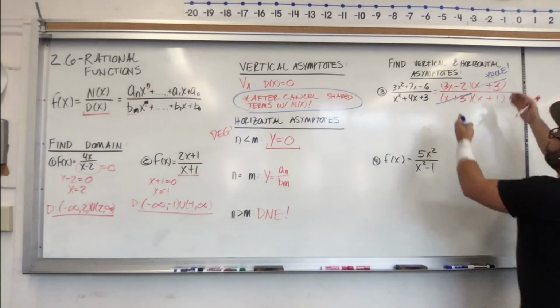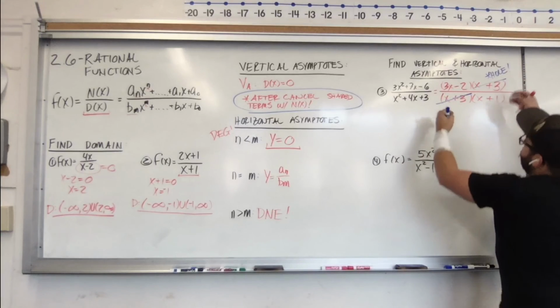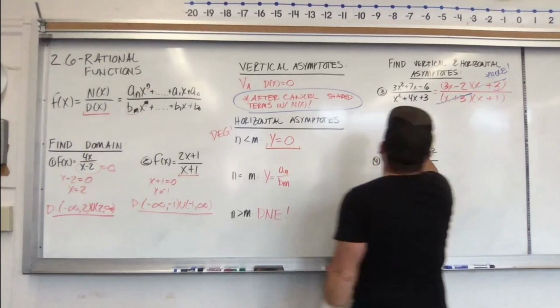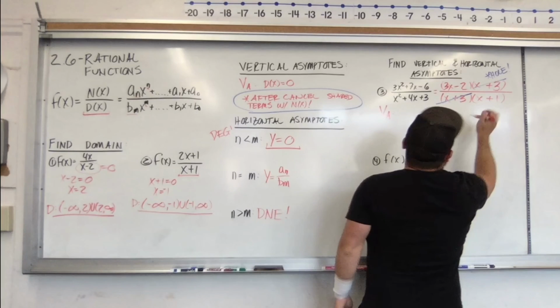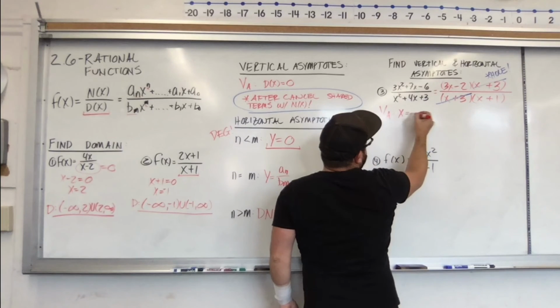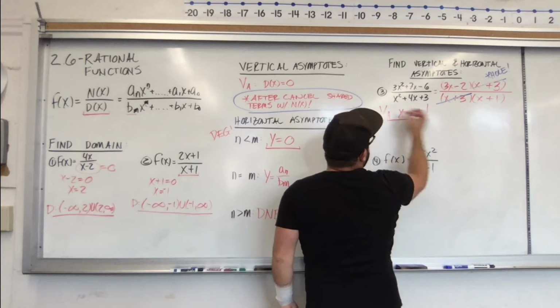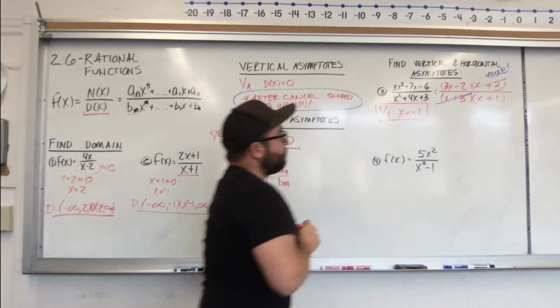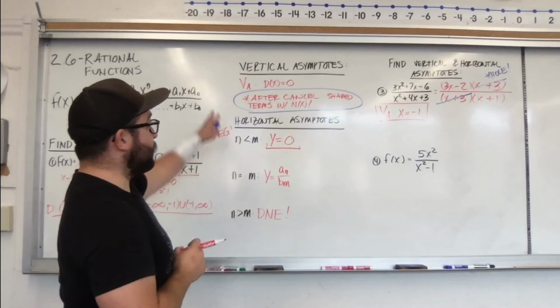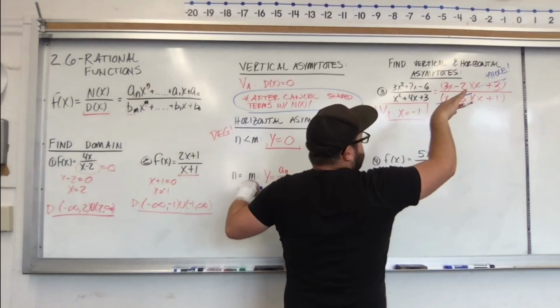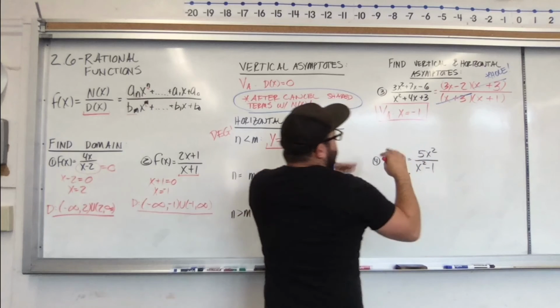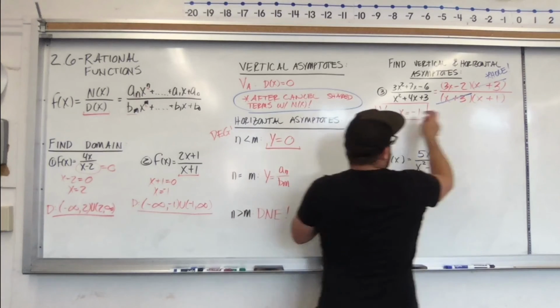But for now, when we find those repeats from top and bottom, we remove them from the vertical asymptotes, which only leaves this x minus 1, or vertical asymptote at x equals 1 for the vertical. So again, for vertical, we want to factor both, cancel out any repeats, any shared expressions, and then whatever's left over in the denominator will be your vertical.